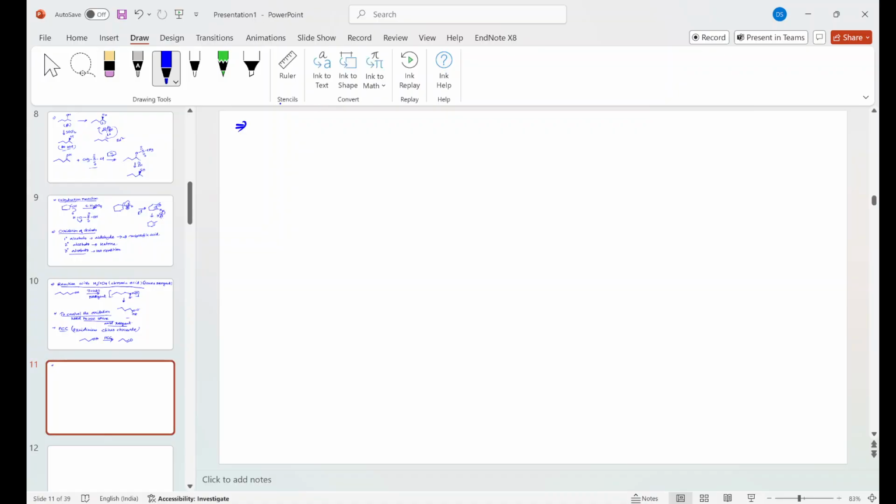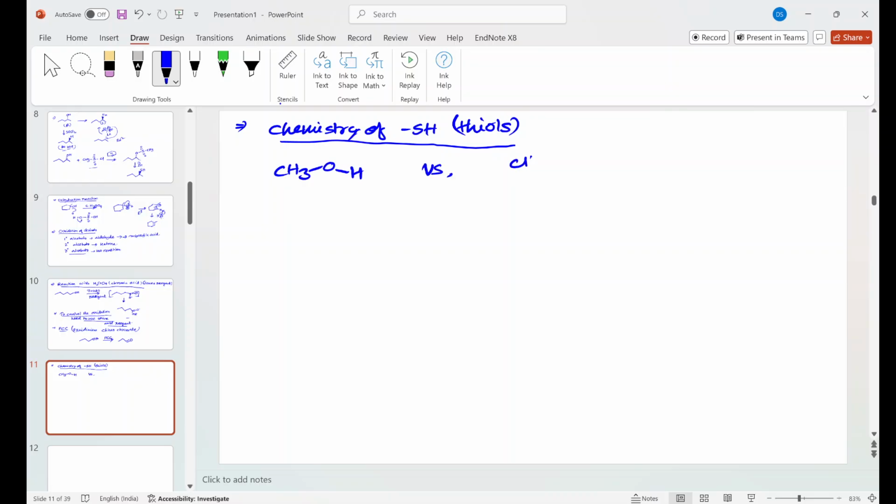So we move on to thiol, SH. If you need to compare the alcohol versus SH, the difference is in the oxygen versus sulfur, right?